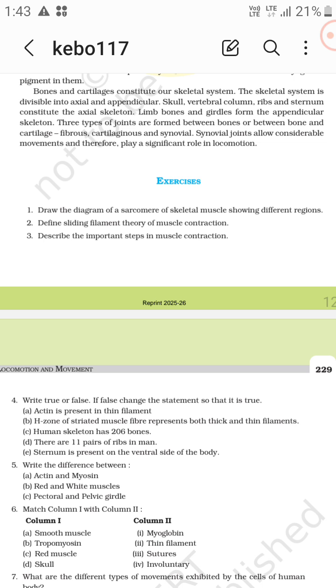Now define sliding filament theory of muscle contraction. So sliding filament theory of muscle contraction is just sliding, like the sarcomere contracts and then relaxes, right? These are the important steps in muscle contraction.